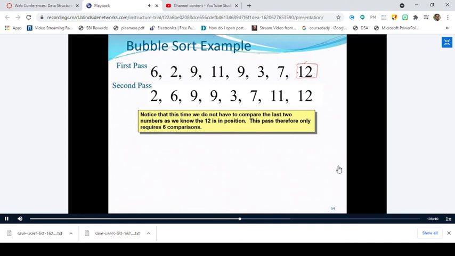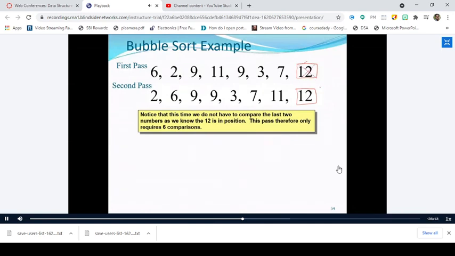So even though you compare this 11 and 12, there is no change, right? Why? Because since they are not in out of order position, you are not going to swap them. So there is no need to compare the last element. After completion of first pass, since you have moved the largest element to the last position, there is no need to consider this element for the second pass.